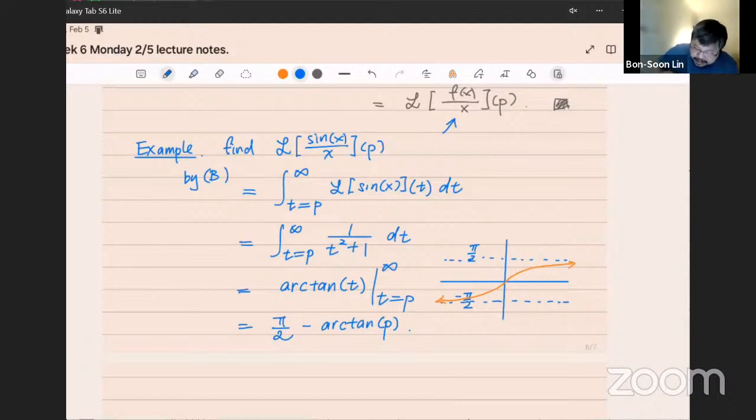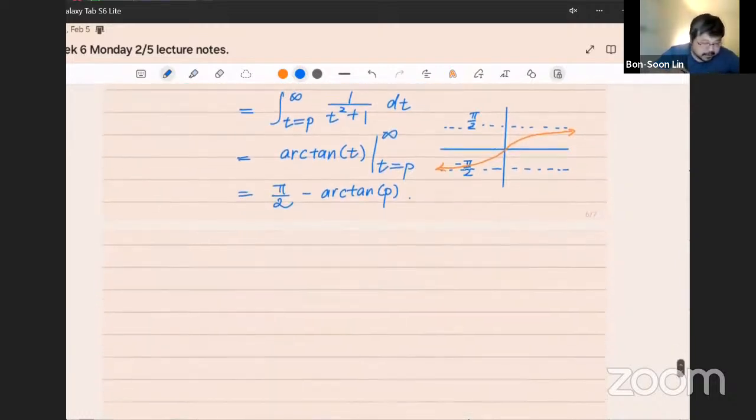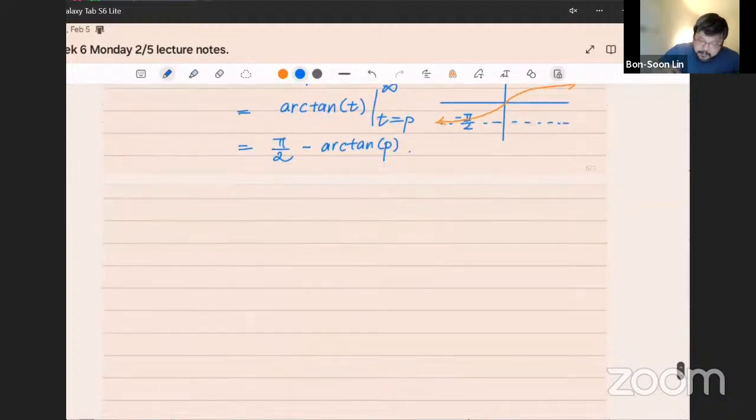And notice that as p goes to infinity, arctangent of p also goes to pi over 2, so this goes to 0, which satisfies our behavior theorem, which is kind of interesting. But here we go, we can calculate some bizarre Laplace transforms. Does that make sense? Let's see another example just to round out what we learned.